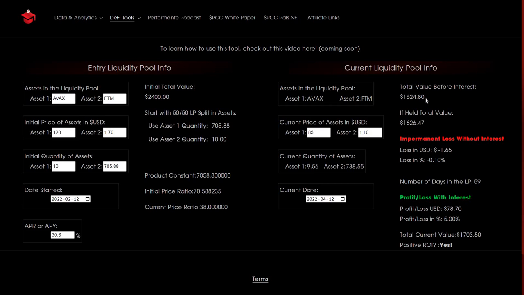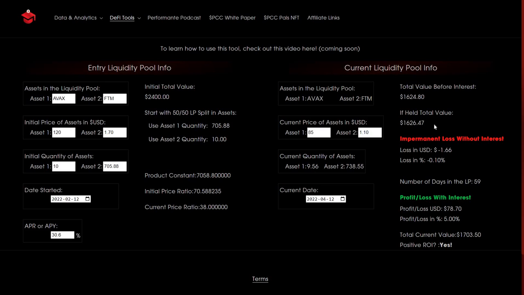Basically, it is showing you the amount of the LP value without the auto compounding. So in this example, the total value before interest after the 2 months is $1,624. We can see that it's quite a bit of a move to the downside from the total initial value.